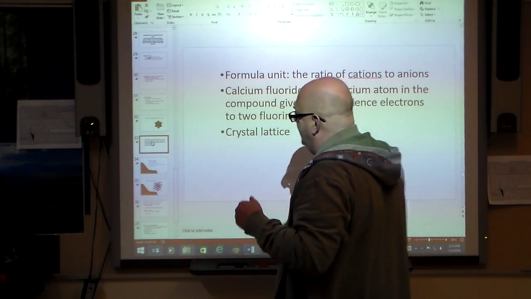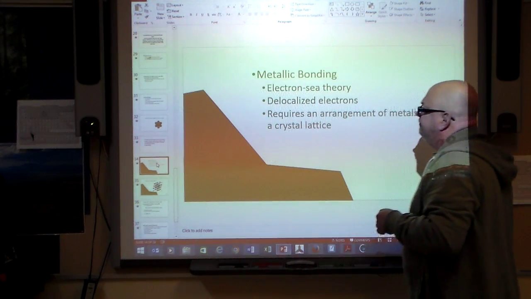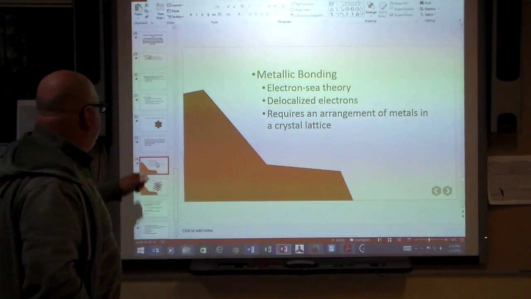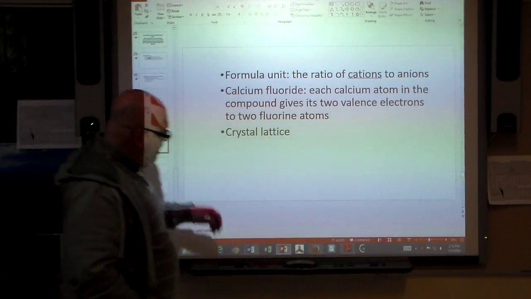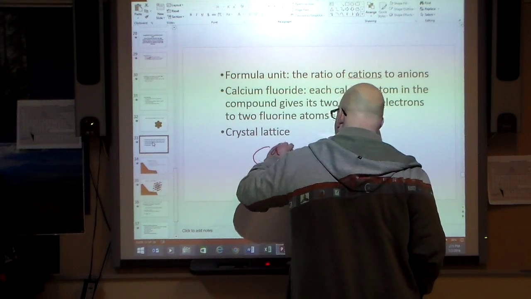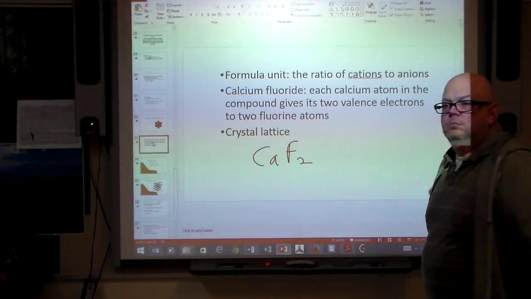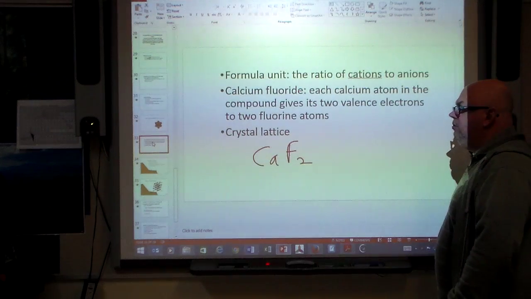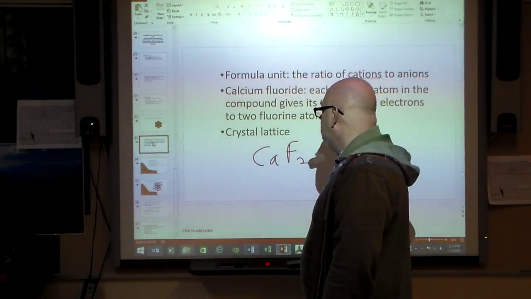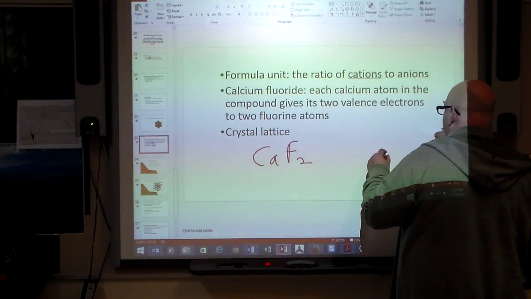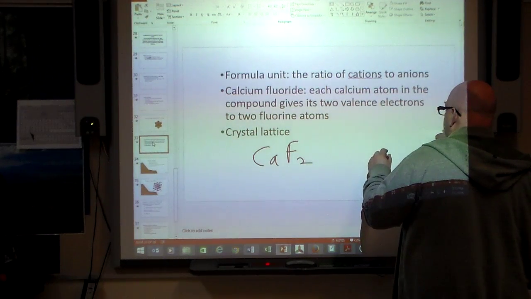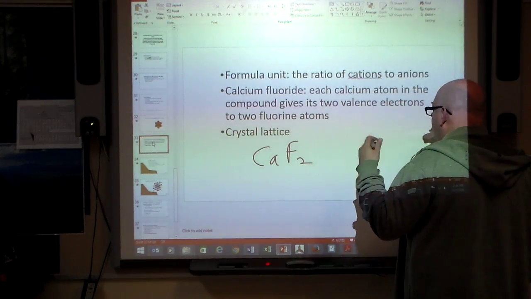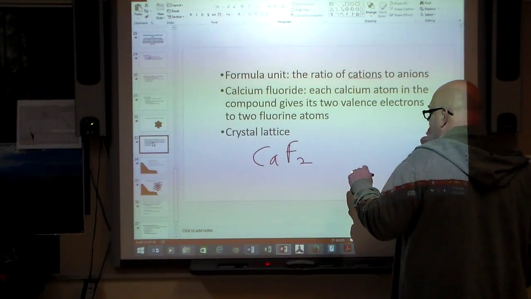But think about it in terms of a crystal. So let's go back here, calcium fluoride, CaF2. That's what it would look like. And what in the world would that crystal lattice look like? Let's make it easy with a simple crystal like NaCl.